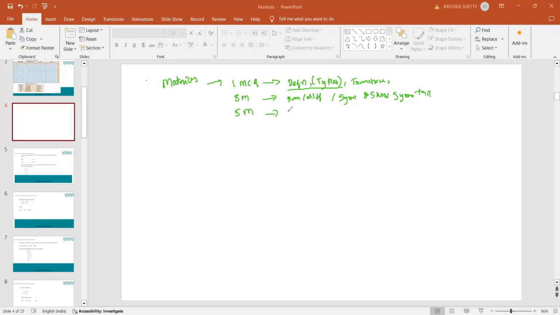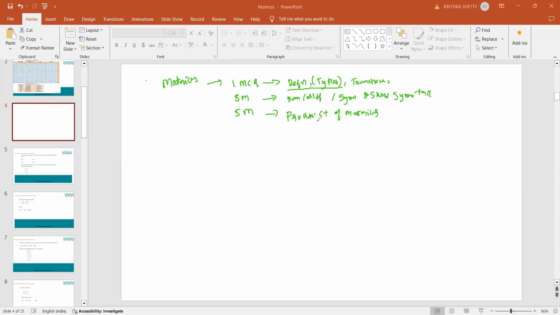And then the 5 mark question is fixed every year. It will come from the product of matrices.